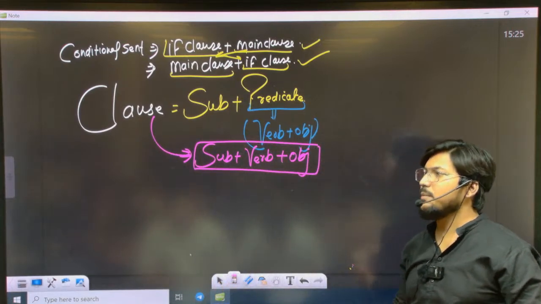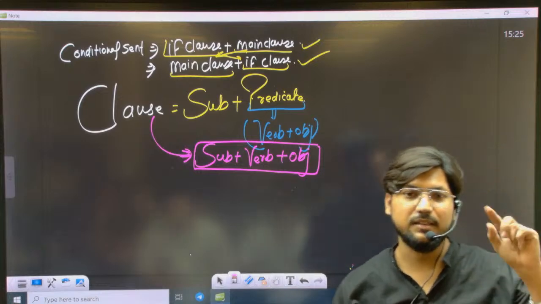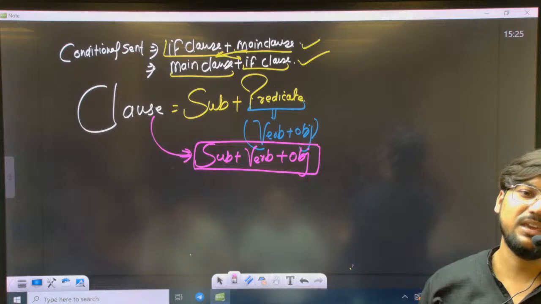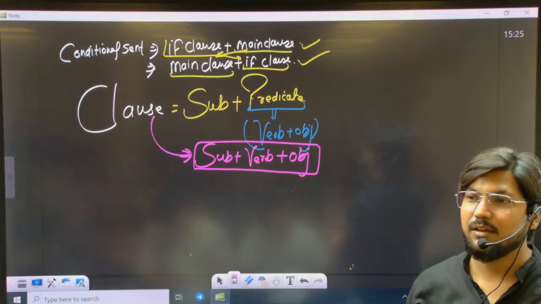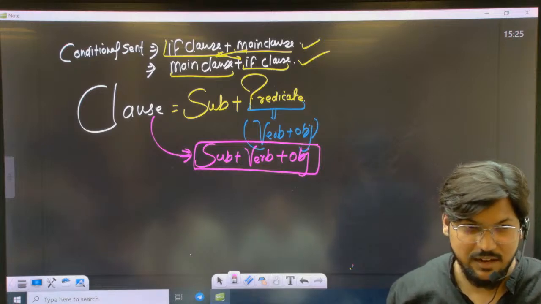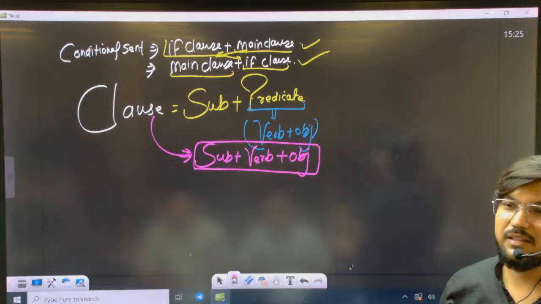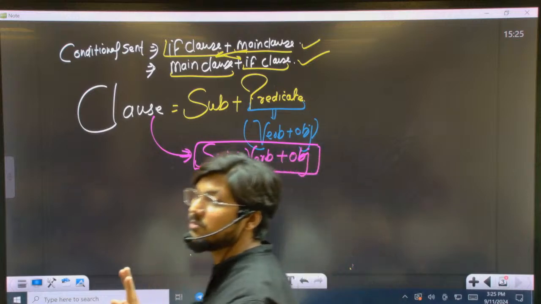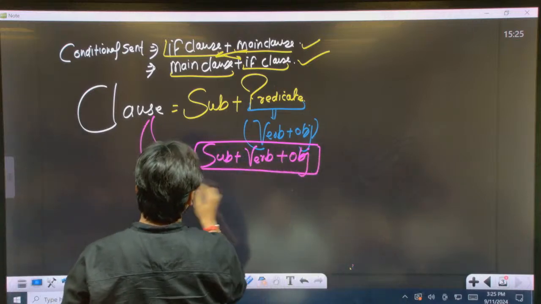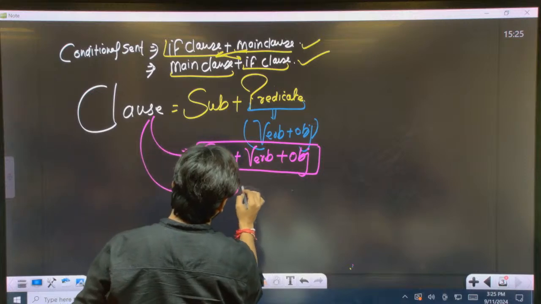So in order to frame a sentence in English, you need subject, verb and object. Now let me know, can I make the sentence correct without using any object? Yes, you can. So this is also known as a clause if you're using only subject and verb.